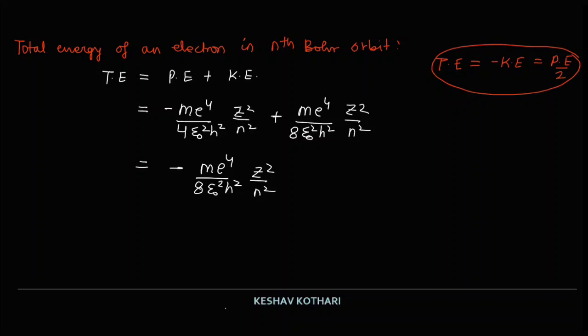So we attain this expression, and this is a very important result which will be helping us in analyzing several problems: total energy is equal to minus kinetic energy is equal to potential energy by 2.